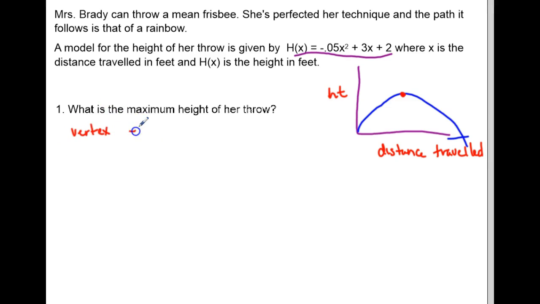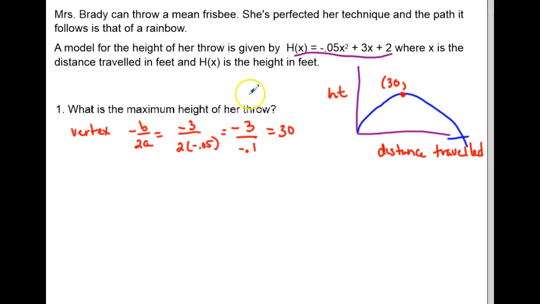So I need to use the opposite of b over 2a and plug that in. So the opposite of b is a negative 3 over 2 times a negative 0.05. So I get negative 3 divided by negative 0.1, and that turns out to be 30. So my x value of my vertex is 30.